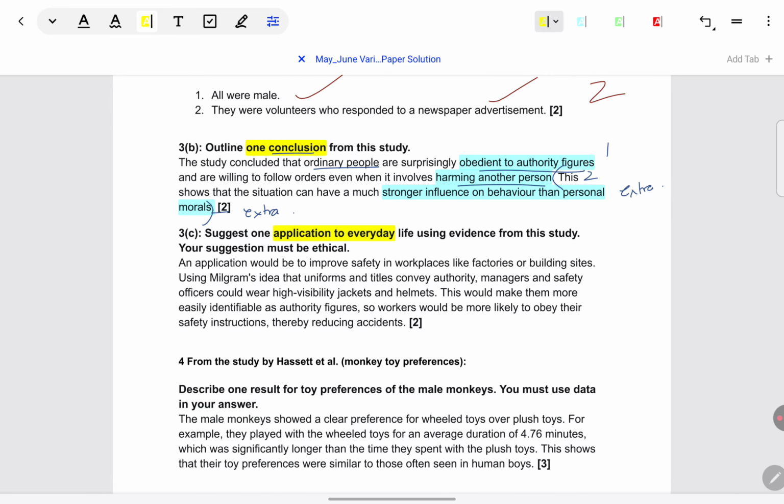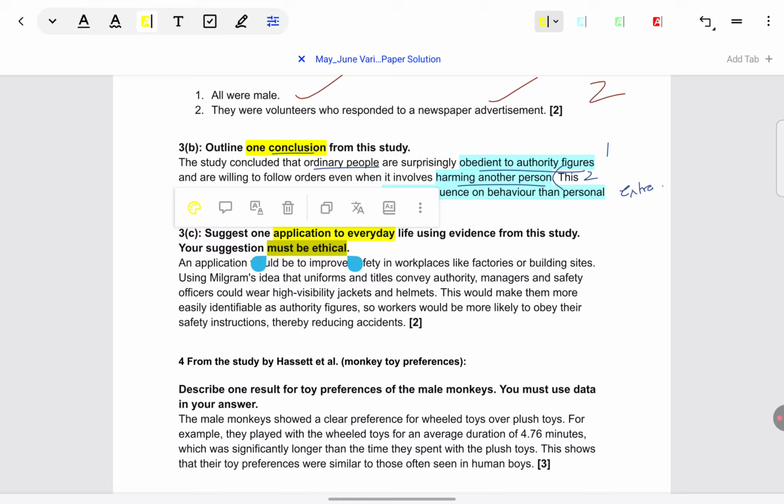Whenever application is asked from Milgram, they mention that it must be ethical because students have a tendency of giving unethical applications. Like, we can learn how to wear something like a lab coat to appear authoritative and give shocks to other people, get others to give shocks. Of course, that is no application of any study.